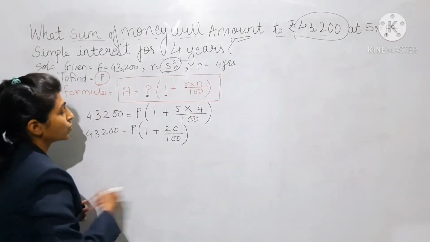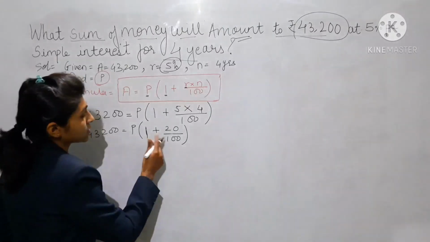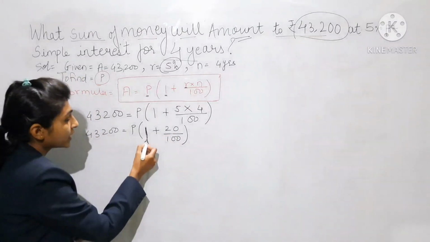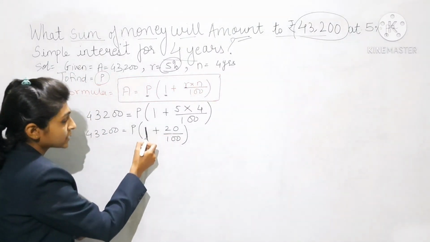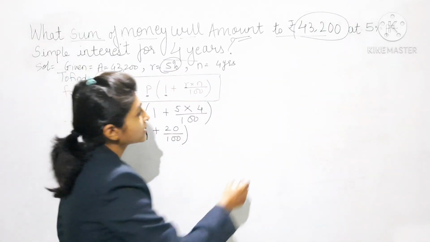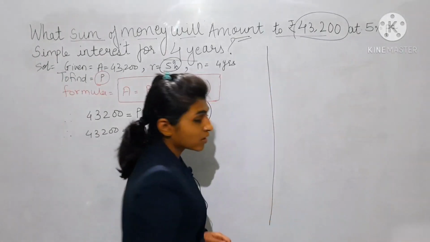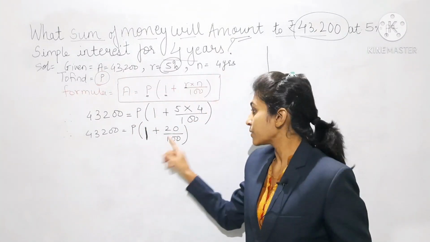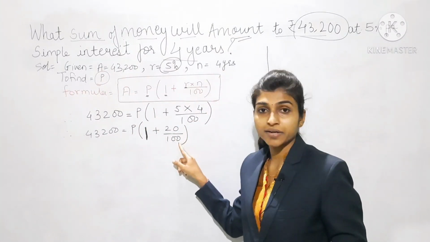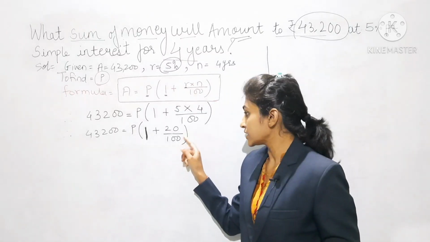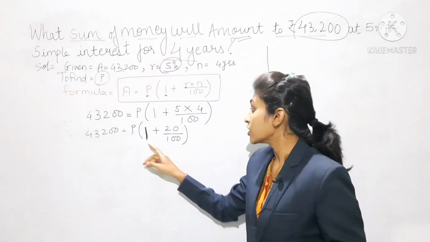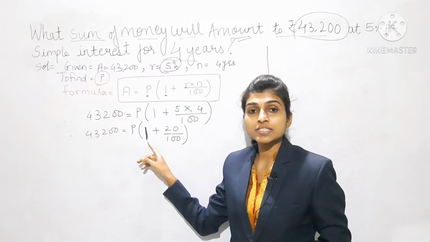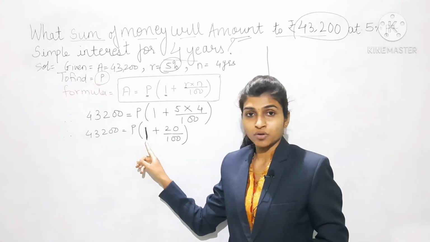You don't have to do 1 plus 20, because the 1 is alone, single over here. In the rough work I will show you what you have to do. You have to consider over here 1, because this is 20 upon 100.